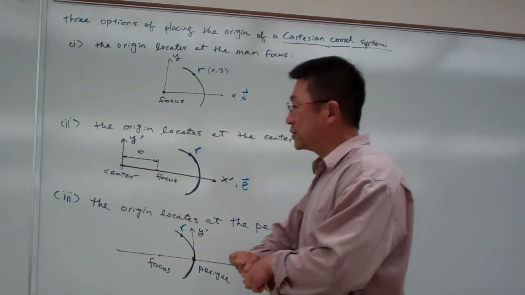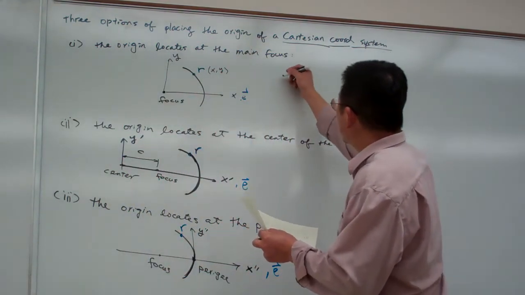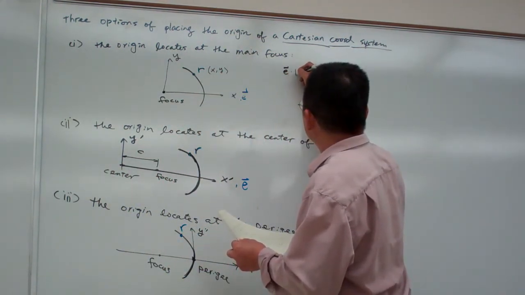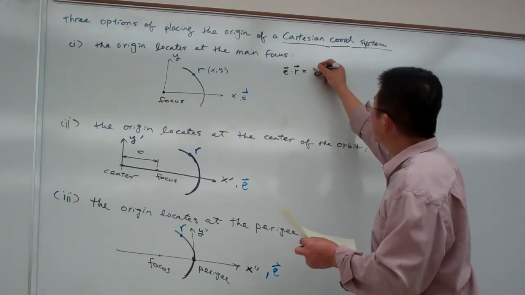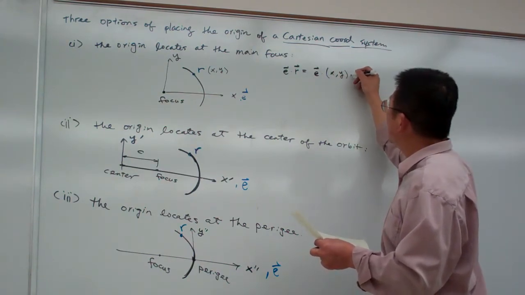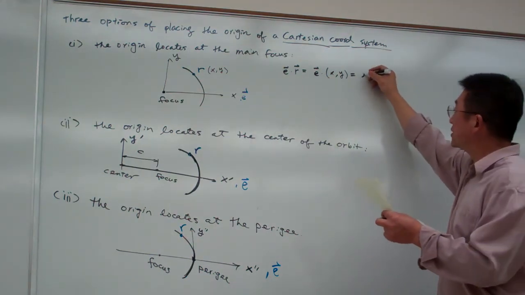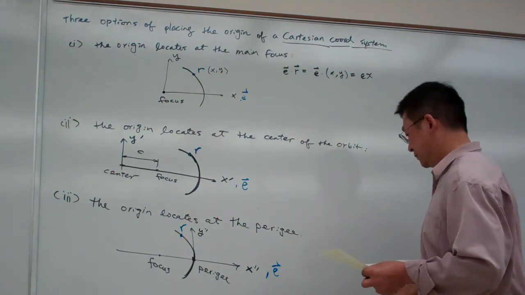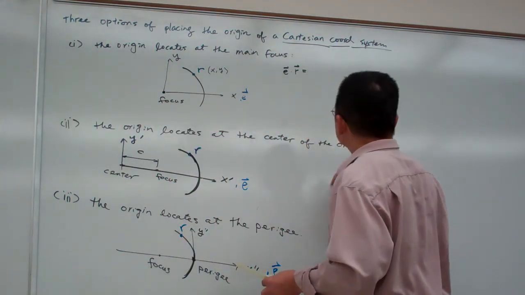So now we can use equation 1 to see what happens. So here for E dot R, simply, R has the coordinate x and y, and E is aligned into the x direction. So basically, let me do this one here.